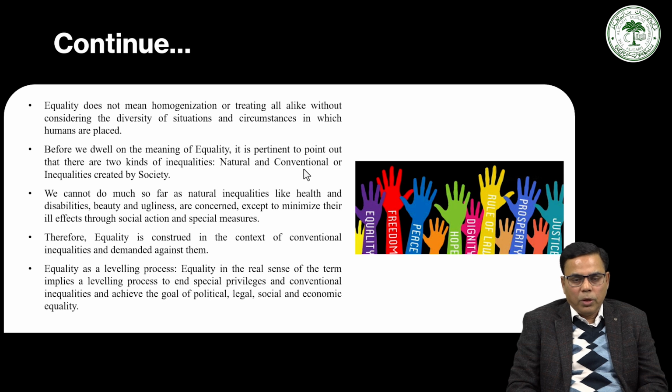So when equality is demanded, it is demanded against conventional inequalities, which are the creation of the society. Therefore, equality is construed in the context of conventional inequalities and demanded against them.